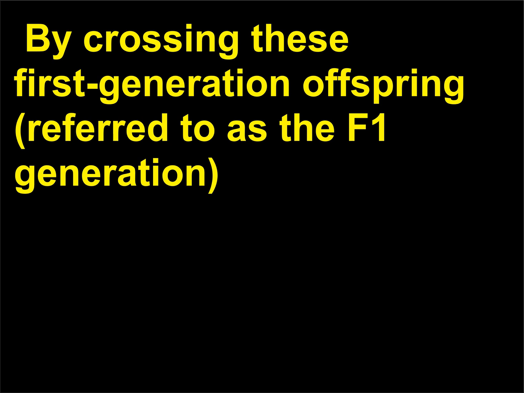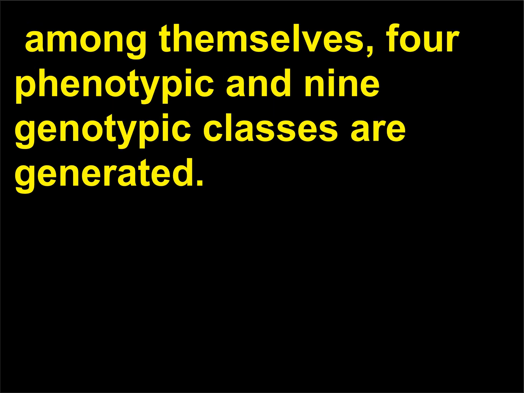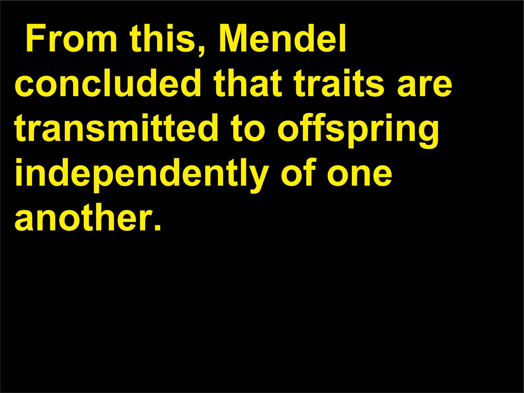By crossing these first-generation offspring, referred to as the F1 generation, among themselves, 4 phenotypic and 9 genotypic classes are generated. From this, Mendel concluded that traits are transmitted to offspring independently of one another.